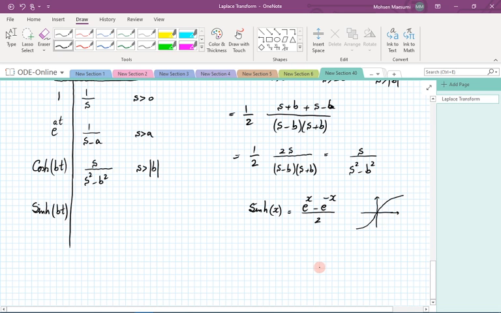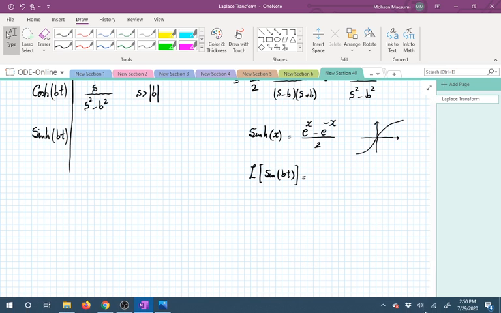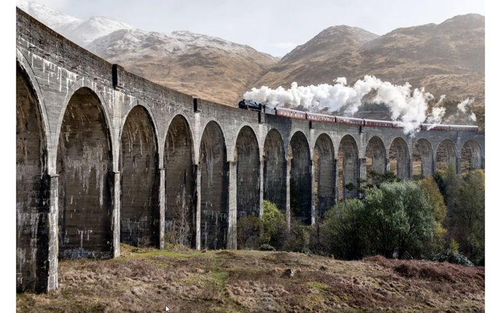Okay, let me see if I can entice you to finding what is the Laplace transform of sine hyperbolic of bt. You think you can take 1 minute off and tell me what this is going to be? Okay, so 1 minute. In 1 minute you are going to tell me what is a clean-cut formula for sine hyperbolic of bt.